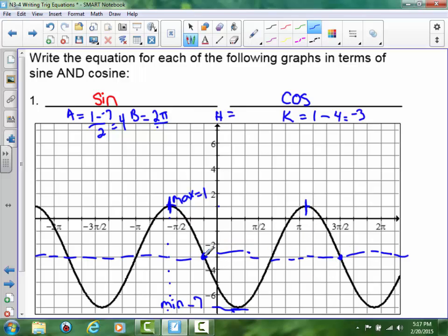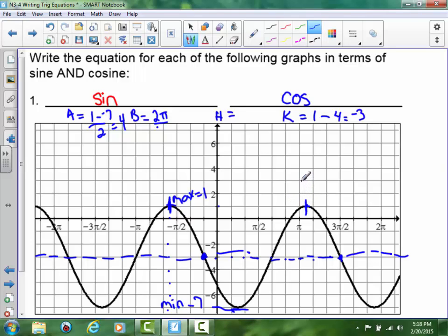So let's see what that would be. For sine, that's 1, 2, 3, 4, 5, 6, 7, 8, 9, 10 units. And for cosine, that's a half, 1 1/2, 2 1/2, 3 1/2, 4 1/2, 5 1/2, 6 1/2, 7 1/2, 8 1/2, 9 1/2, 10.